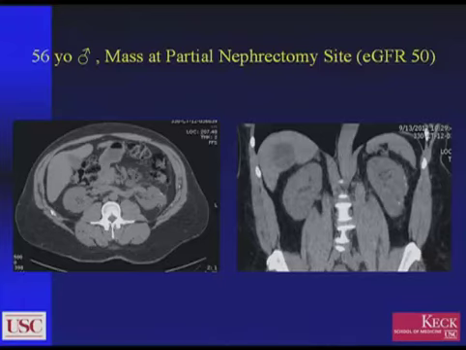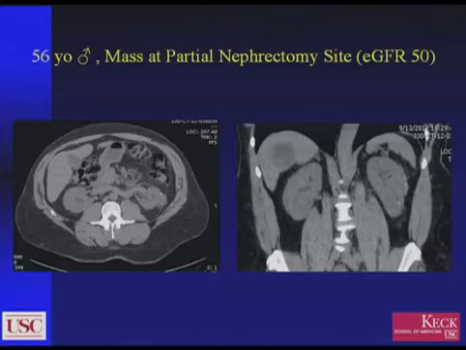Another interesting group of patients is shown here. We have a urology group that sees large numbers of patients, and they are well known for their partial nephrectomies. Obviously, while rare, there is the possibility of local recurrence after the nephrectomy for their renal cell carcinomas. Again, the problem in these patients is oftentimes they will have abnormal GFR.